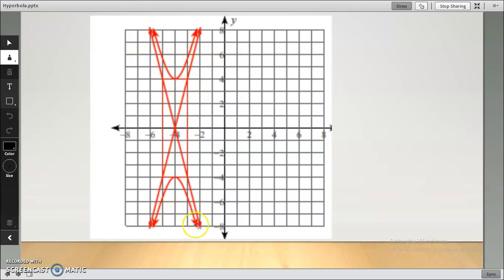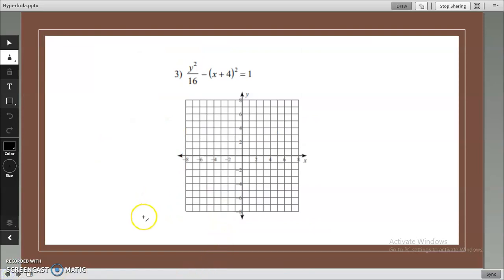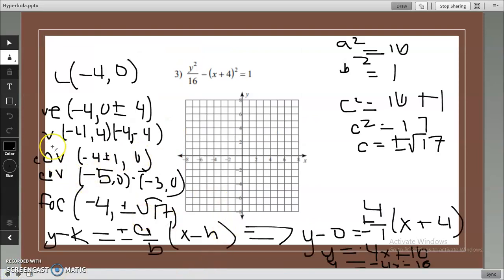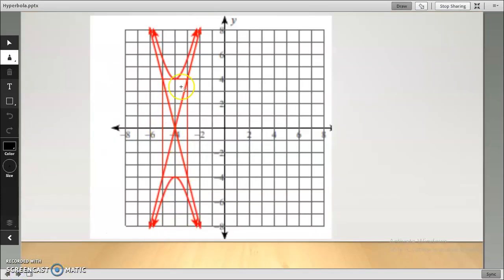They should be dotted, but they're not. That's perfectly okay. My vertex is at negative 4, 4, and negative 4, negative 4. And there we have it.